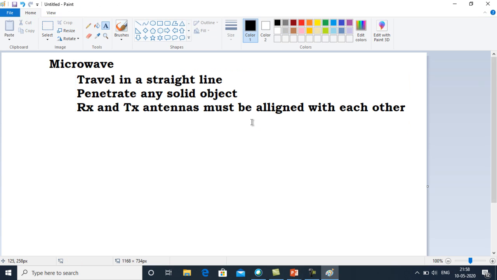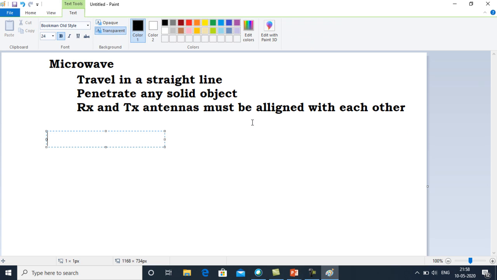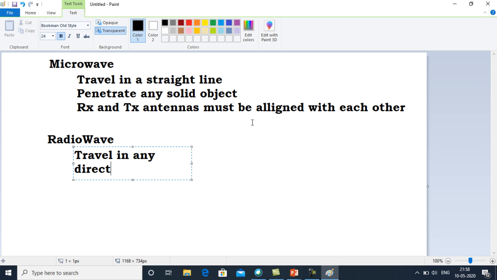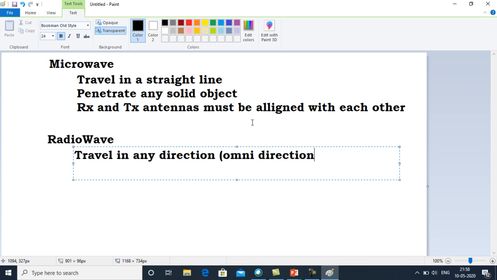Now after microwaves, we discussed the next thing, radio waves. What points did we discuss about radio waves? In case of radio waves, we learned that they can travel in any direction, so that's why they are called omnidirectional.